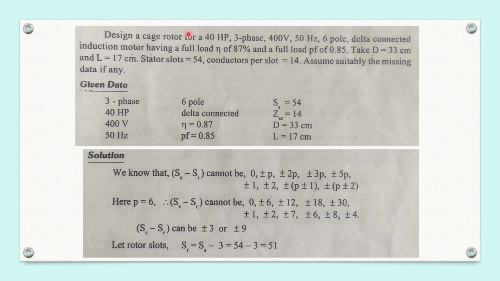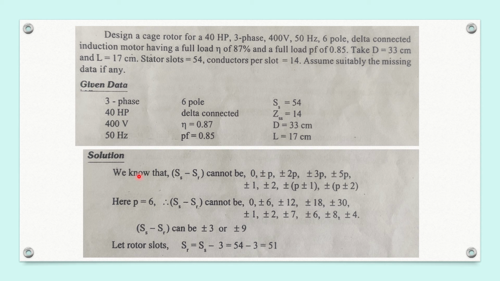First of all, let us see how to fix the number of rotor slots. We already studied certain rules regarding the selection of number of rotor slots in a squirrel cage rotor. We have studied 4 rules and we have summarized the points specified by each.